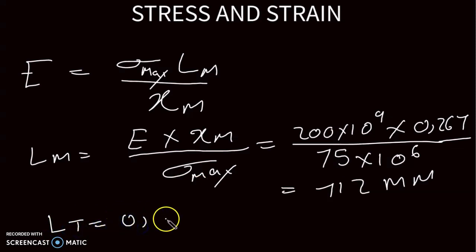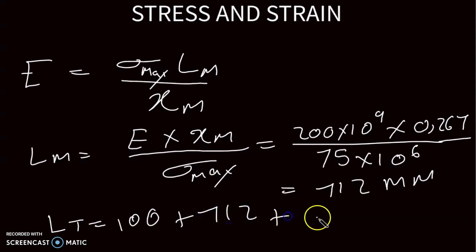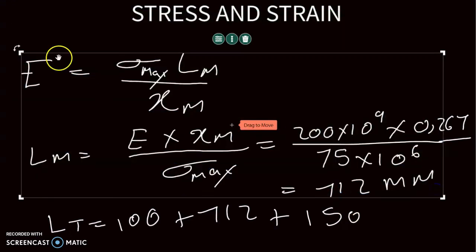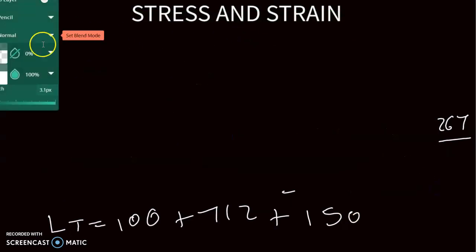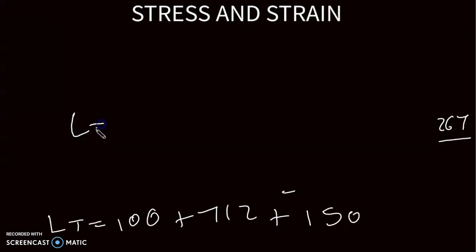Our total length, therefore, is in millimeters. So it's going to be 100 for the first section, and then the second section m will be 712, plus 150, giving us a total answer of 962 millimeters.